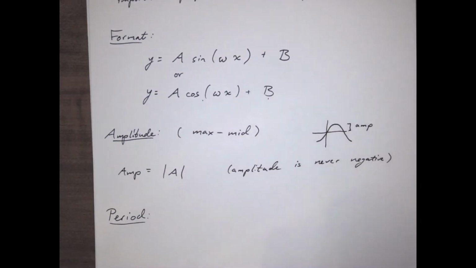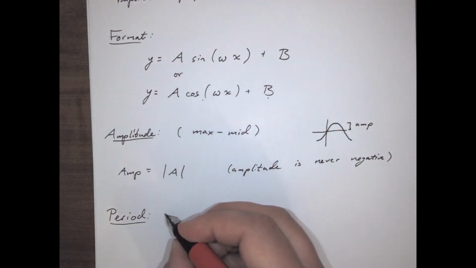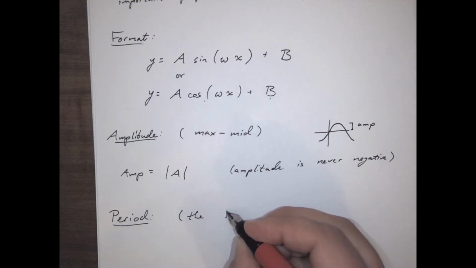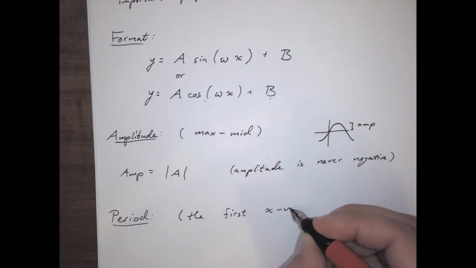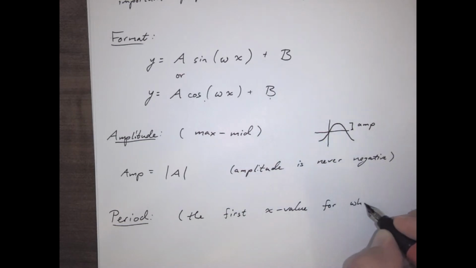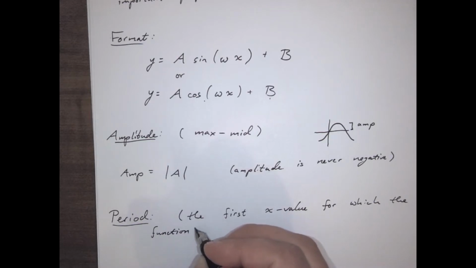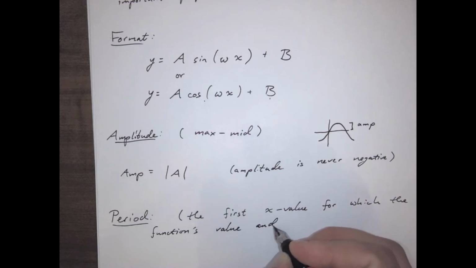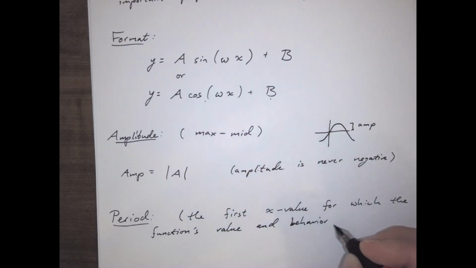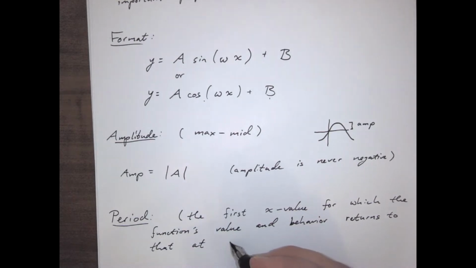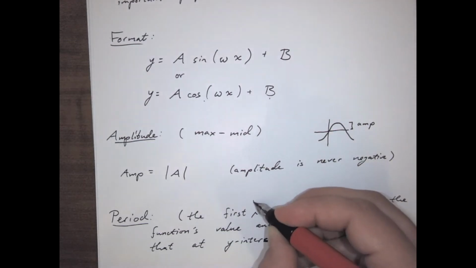The period, by default, would be 2 pi, and what this represents is the first positive x value for which the function's value and behavior returns to that at the y-intercept.